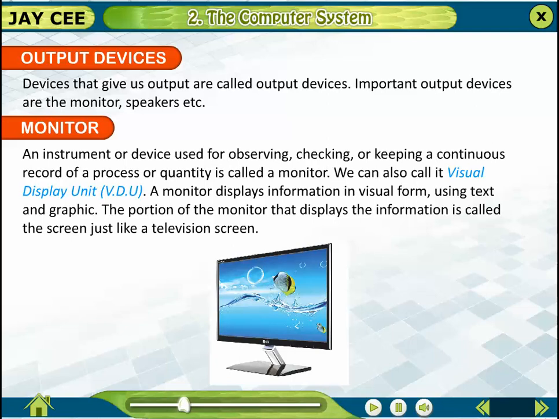We can also call it Visual Display Unit, VDU. A monitor displays information in visual form using text and graphics. The portion of the monitor that displays the information is called the screen, just like a television screen.